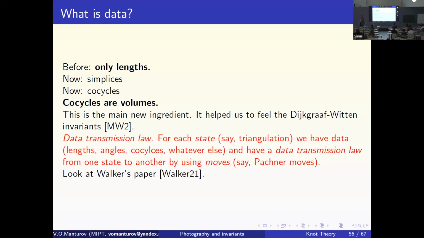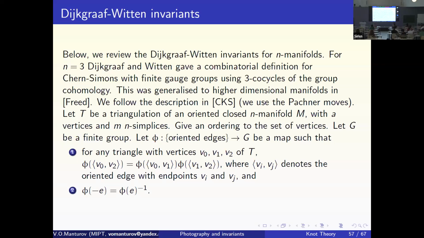In his paper, Kevin Walker gave a very general state sum formula for invariance of higher manifolds. However, this formula was good for describing Turaev-Viro, de Graaff-Witten, Crane-Yetter, and other invariants, but he worked not with triangulations, but with handles, and maybe this is challenging to translate our work into the language of handles.